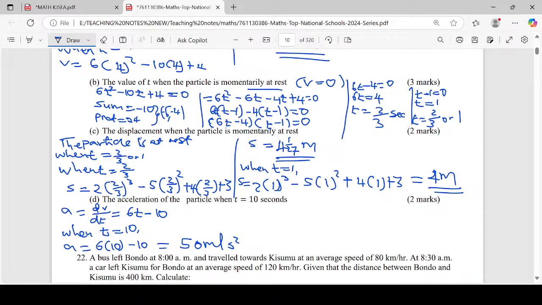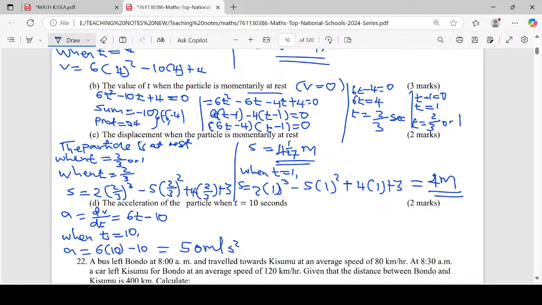Just hold on a bit. How have I done my differentiation? I've not done it well. Apologies, there's something I've omitted.